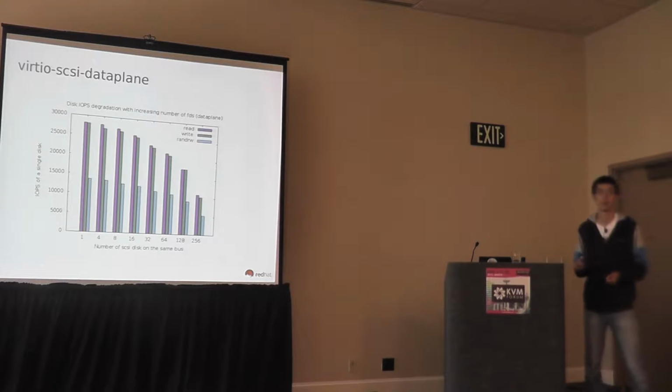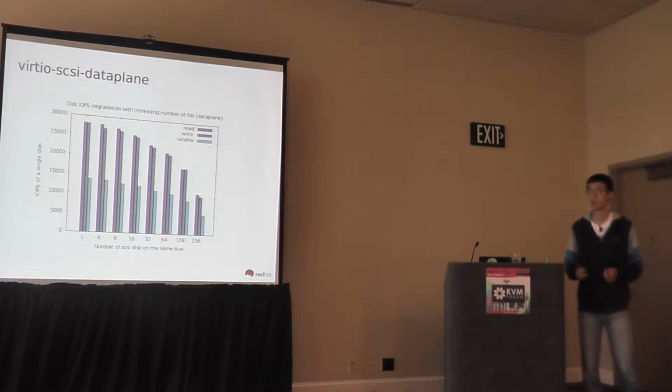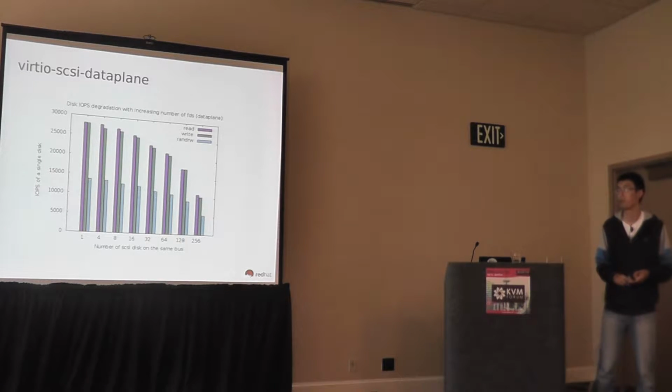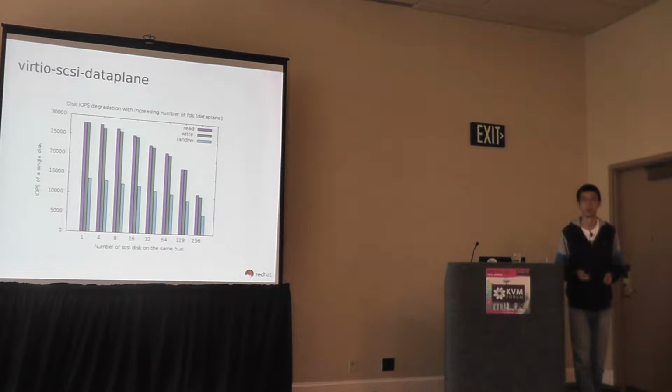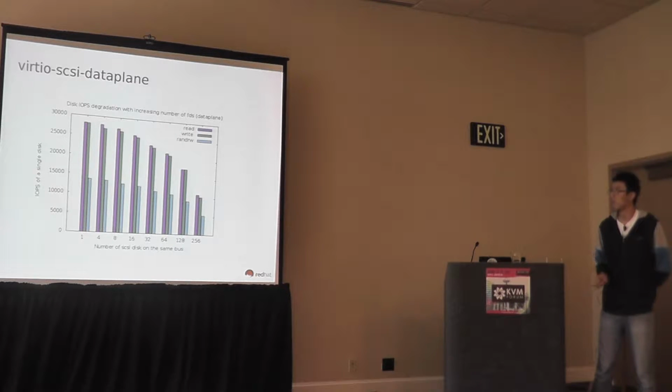It doesn't have the ability to scale across iothreads. Even if we now enable the multi-queue, we don't have multi-thread support for multi-queue. So that still is a problem. So that basically means now we have O(n) performance.